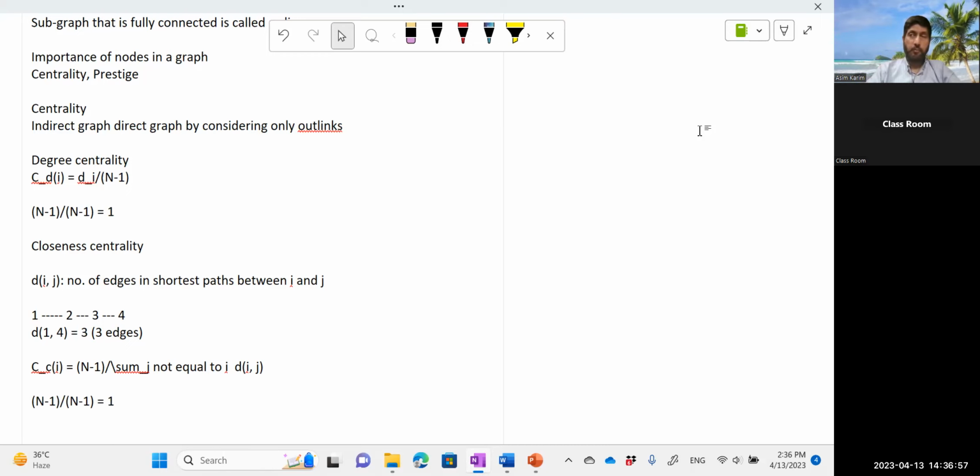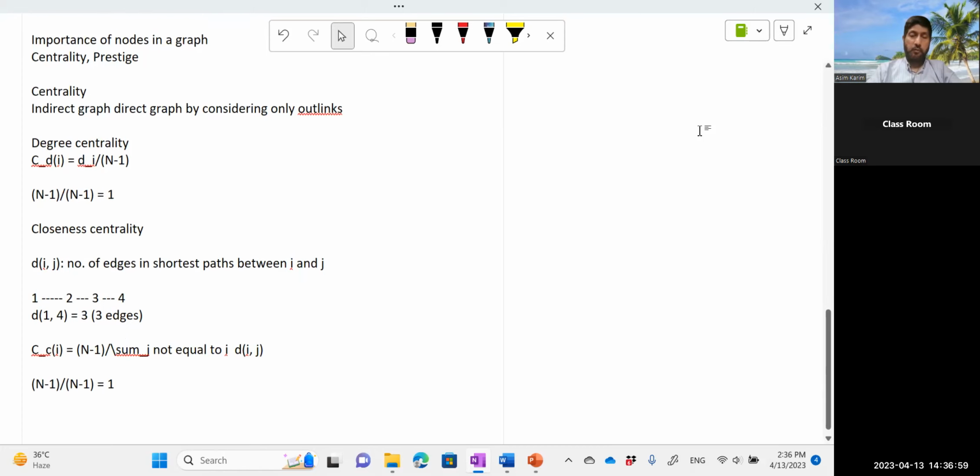This will give you of course 1. But let's say if they are not connected directly, n-1 ऊपर तो constant है, नीचे the distance would increase beyond n-1. So it will, and this value would become less than 1.